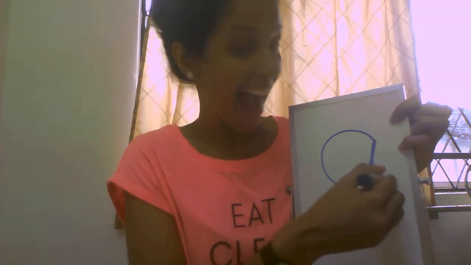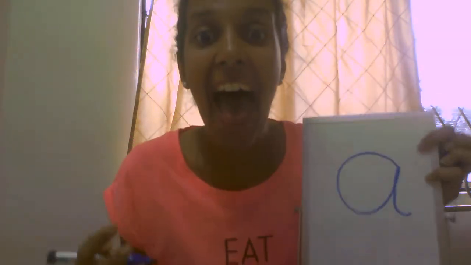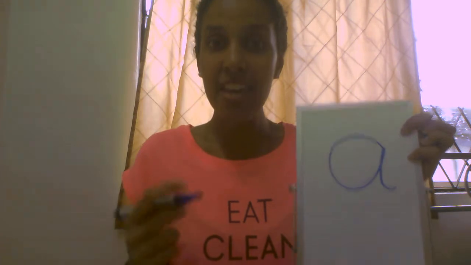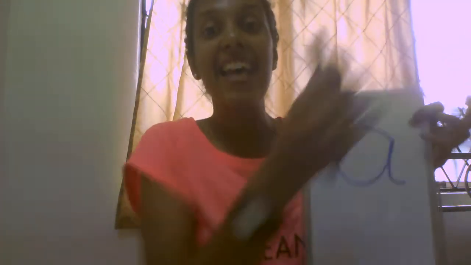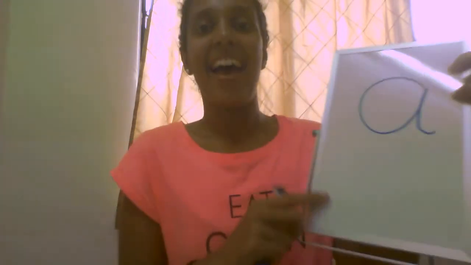Now the next sound we're going to learn is ah. This is ah. Can you say it together with me? This is ah. That's right. It is ah. And I'm going to show you a card that has ah on it.